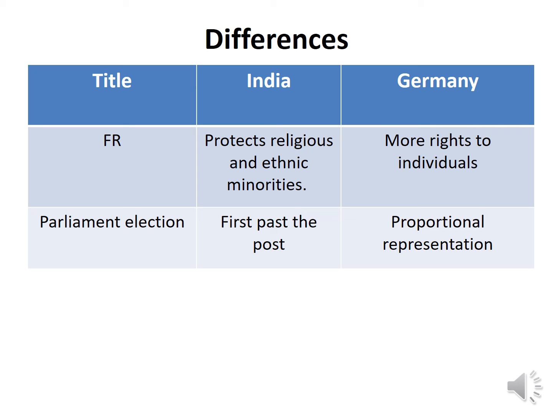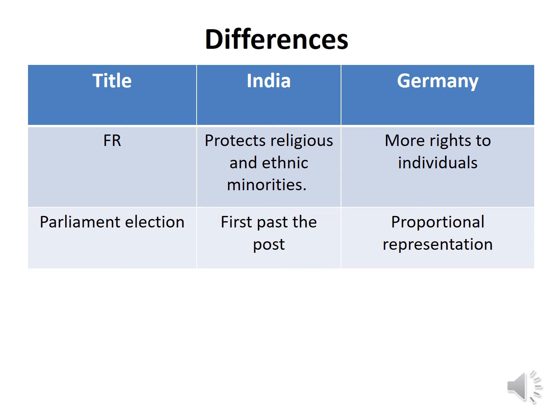I will definitely make a detailed lecture on the difference between first past the post and proportional representation, but you should now understand that the method of election of members of parliament is different in India and in Germany.